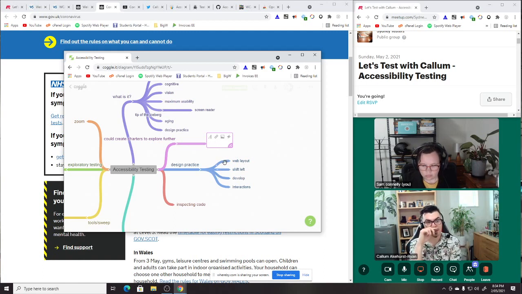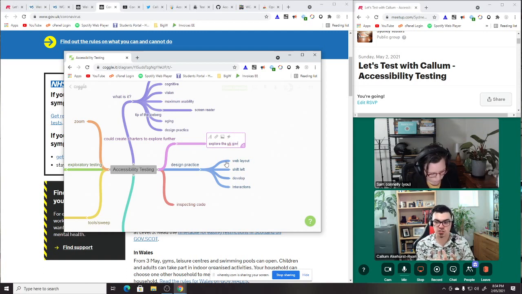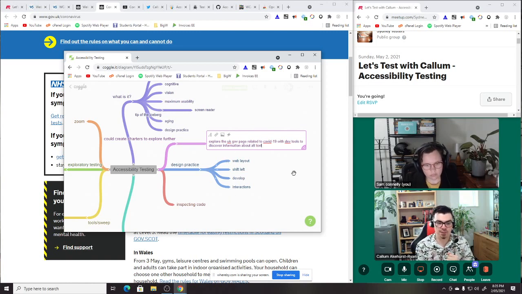Yeah, so what we were just looking at there, we could say, explore the UK Gov UK page related to COVID-19 with the dev tools and the tool that you had open to discover information related to whether or not text alternatives apply for imagery on that page, or the risk that blind people would be losing information that they couldn't see from images. So there's a lot of ways we could say that.